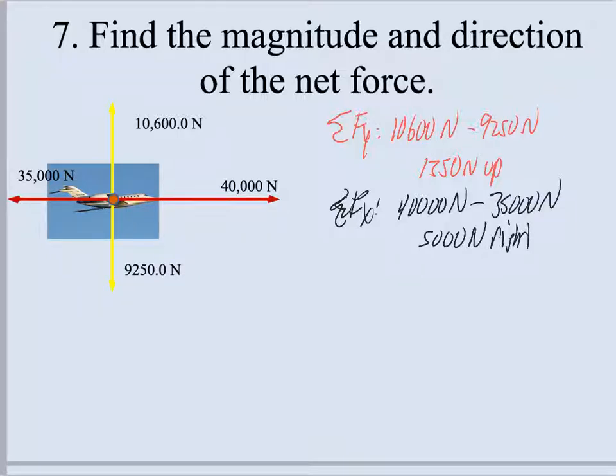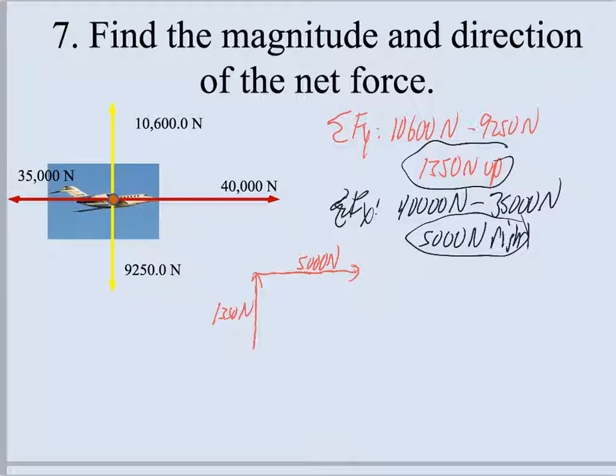Doesn't say east, so we can't put east, just say to the right. And now we have two legs of a right triangle. We have the y direction 1350 going up, and we have the x direction 5,000 newtons to the right.